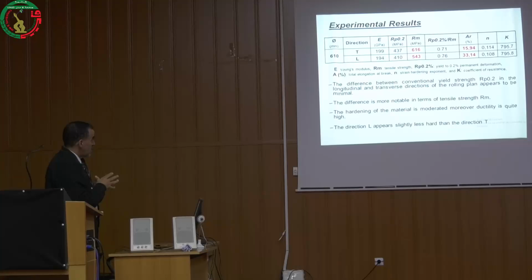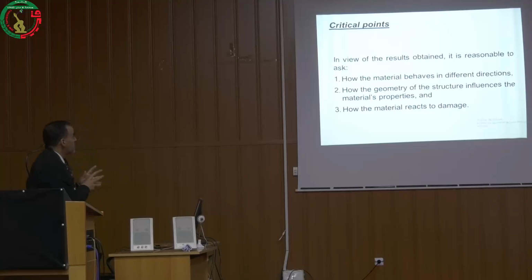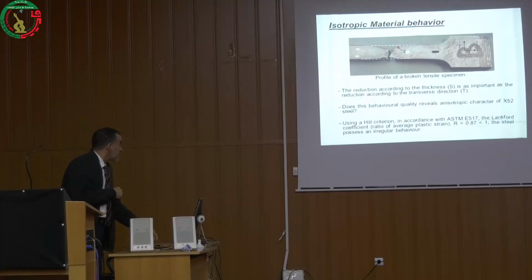From these remarks, we can ask if the material is isotropic or anisotropic. We can ask more questions: how the material behaves in different directions, how the geometry of the structure influences the material's properties, and how the material reacts to damage.